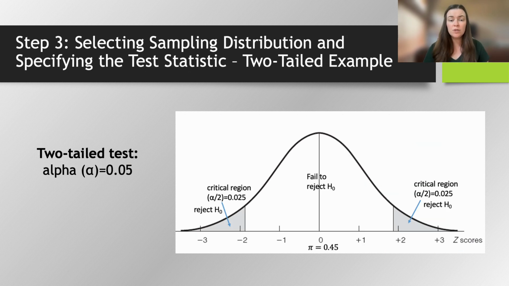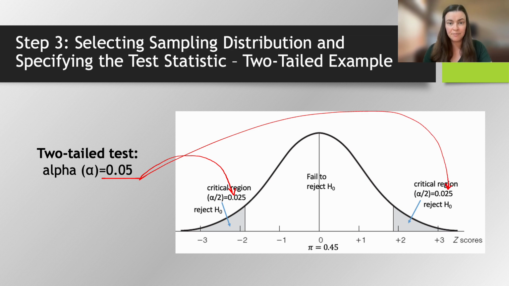Whereas in a two-tailed example, we have to split our alpha cutoff point in half to account for both ends of the distribution. So in this case, you can see that our same alpha value of 0.05 has to be evenly split into 0.025 here on the negative end and 0.025 on the positive end.